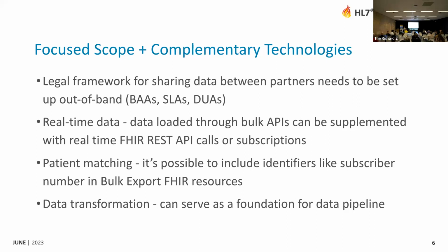So if there are other agreements that need to be in place, like business associate agreements used in the US, or service level agreements or data use agreements, all of that needs to be in place. And there's actually a stage in the authorization flow, and I'll mention this when we go through it, where there's a good place to check that those agreements are in place before authorizing an application.